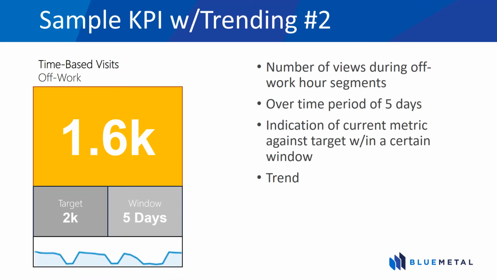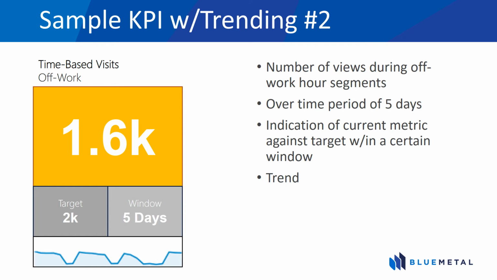Here's another same format of a KPI, but a different example. So we're looking at visits that are time-based, and we're saying, okay, what are the ones that were made off work hours? So here we've got a number of 1,600 views during off work hour segments, and we're saying that there's a time period window of 5 days here, and we had a target of 2,000.